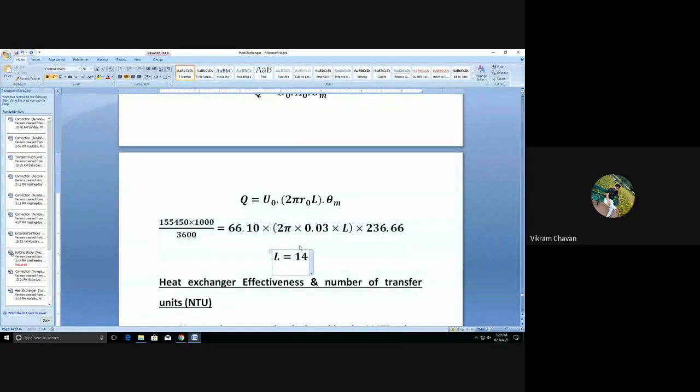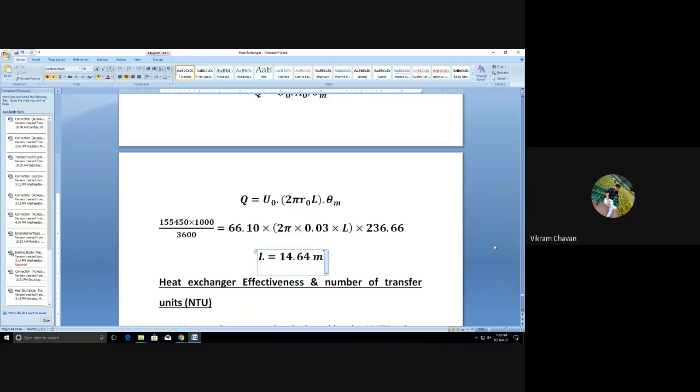Same value I am also getting, 14.64, and it should be in meters. Okay, everyone is getting the same value.